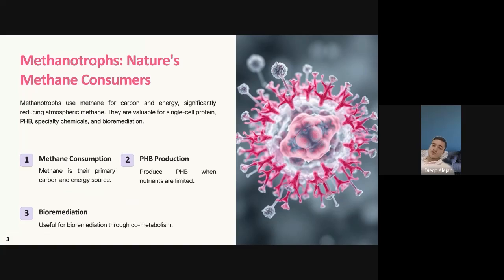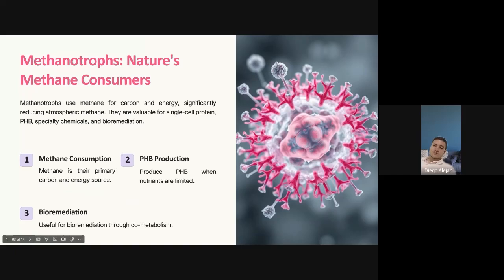Type 2 methanotrophs create intracellular PHB granules under nitrogen-depleted and nutrient-limited conditions. These granules act as reducing equivalent reservoirs, allowing for rapid growth when nutrients reappear.